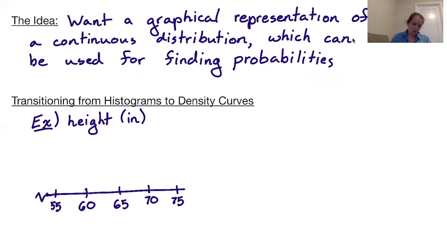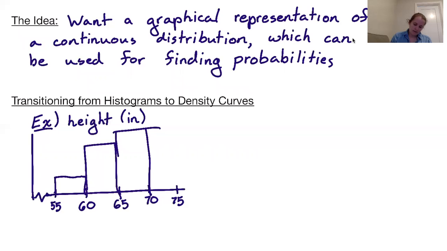And we could do a very broad histogram where we go counting by fives. And we have our histogram bar for 55 to 60, and then 60 to 65, 65 to 70, 70 to 75, etc. In this one, we have a sense of how many fall in these wide ranges, but we could get more precise.